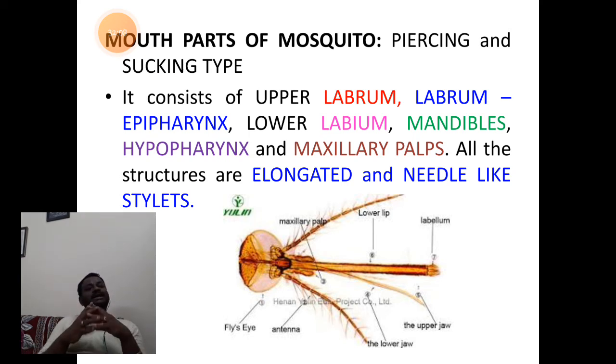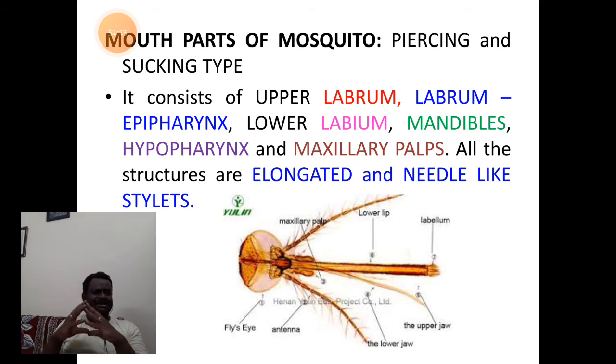Here also you find 6 major parts of the mouth in piercing and sucking type. So labrum, epipharynx, labium, mandibles, hypopharynx, maxillary palps or maxilla.